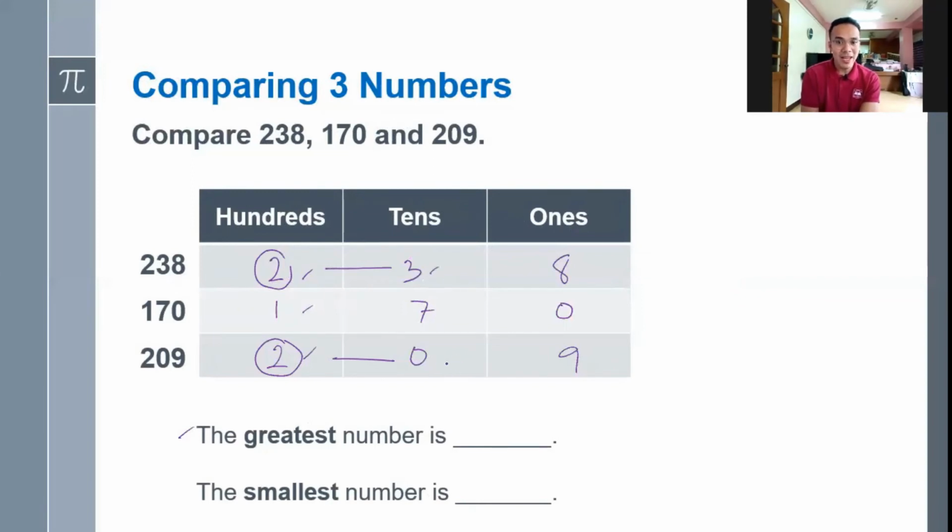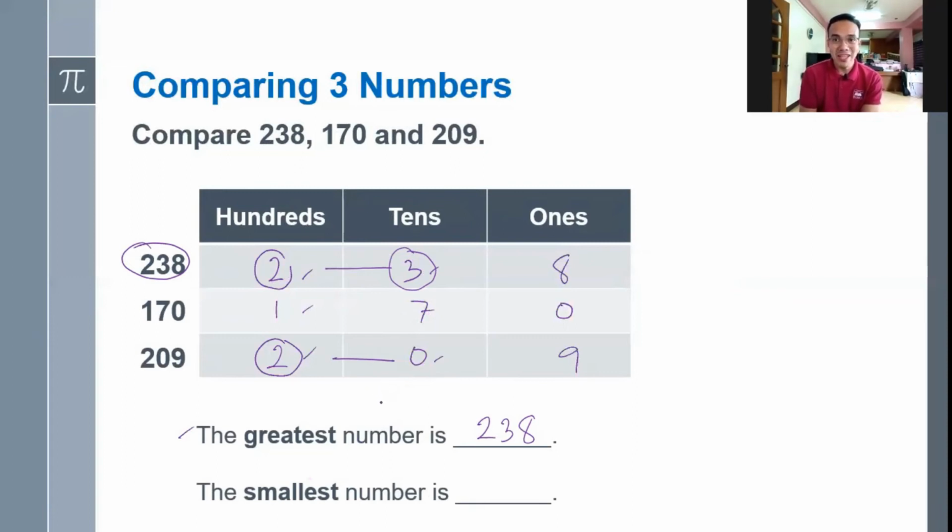For 209, it's 0. And 3 is greater than 0, right? Therefore, 238 is the greatest number. So I write here 238.